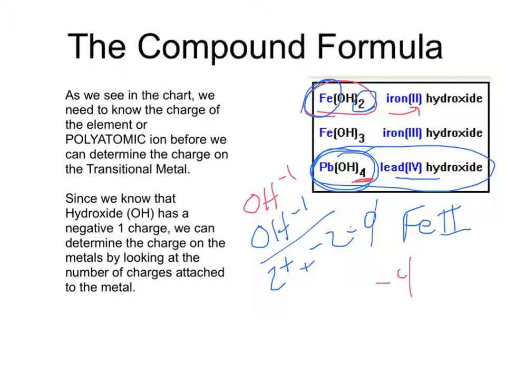Well, how many leads do I have? It shows I only have 1 lead. So what's the charge on that lead got to be? It must be a +4. So when I add those together, I get back to neutral. So then I would write lead, and I would write the Roman numeral for 4. And then I would just write the name of my polyatomic ion or my element beside that for whatever my anion is.